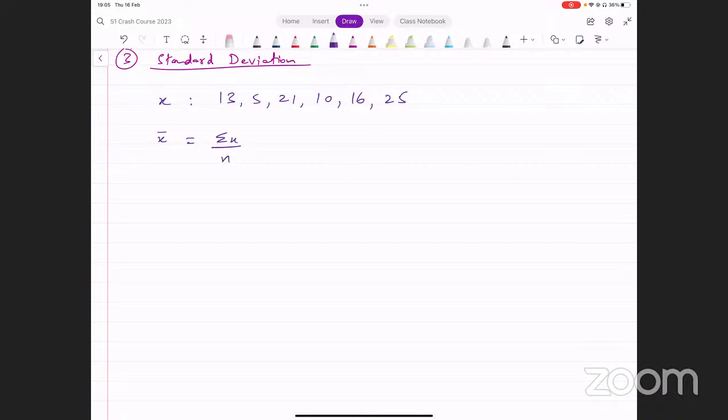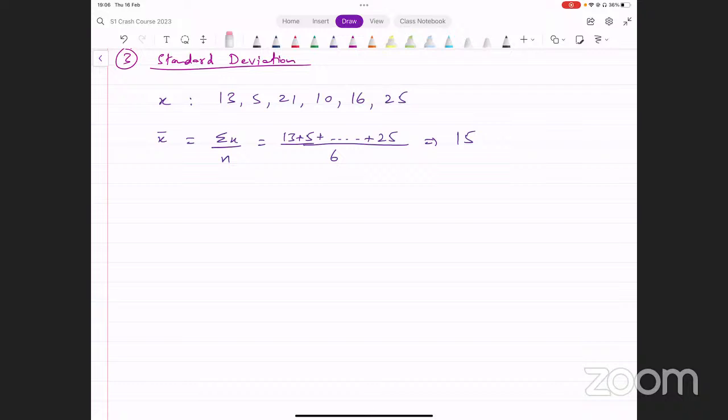There are 6 values in total here. You add all of them up and divide by 6. So 13 plus 5 is 18, plus 21 is 39, plus 10 is 49, plus 16 is 65, and 25 makes 90. 90 over 6 gives you 15. So your mean here is 15.